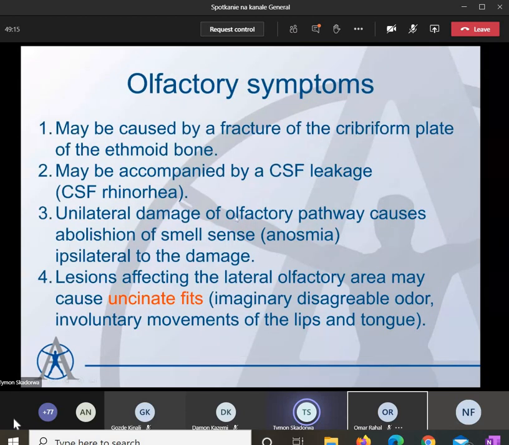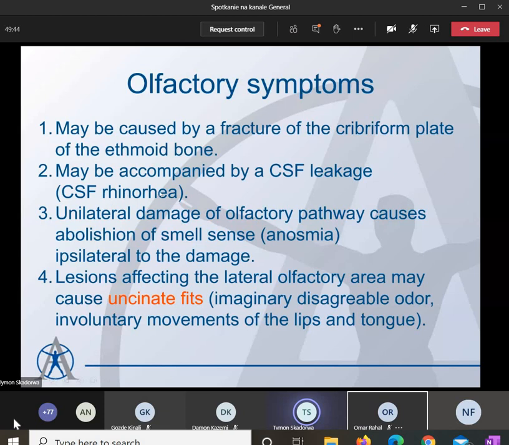Now, we should say that olfactory symptoms may be caused by a fracture of the cribriform plate, right? In case of cranial injury, the fracture of the anterior skull base may be accompanied by a CSF leakage, because sharp broken bones may cut the dura, so that we will observe CSF rhinorrhea.